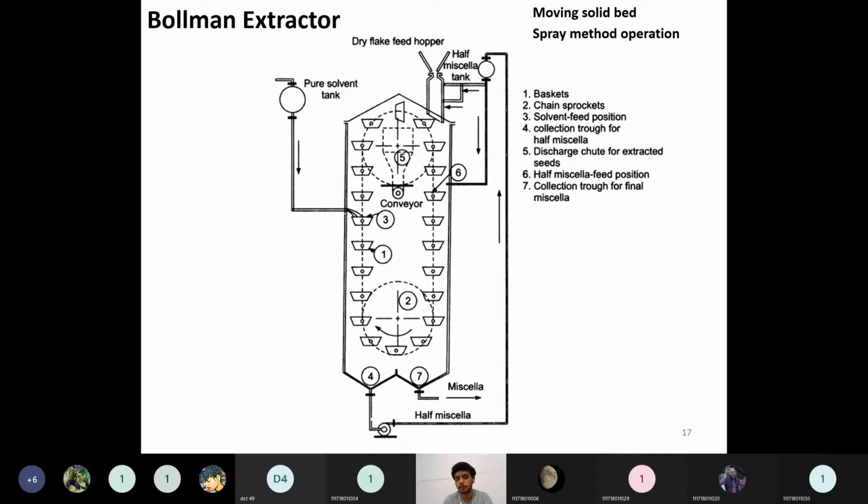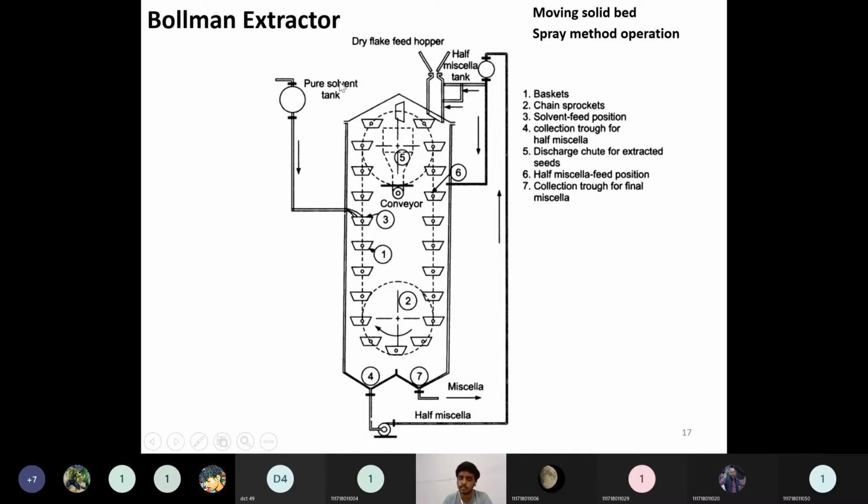So the dilute amount of oil in pure solvent is called half micellar, and the concentrated solution of oil in this solvent, including the small tiny or fine particles of solids, is called micellar. Then the left out or inert solids after extracting the oil is called marc, M-A-R-C.